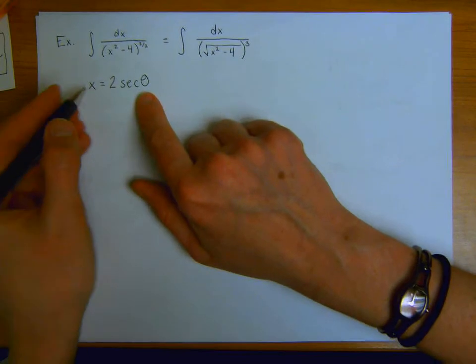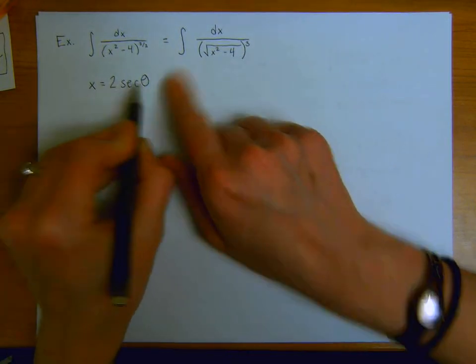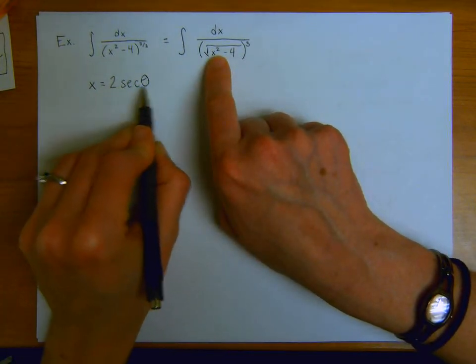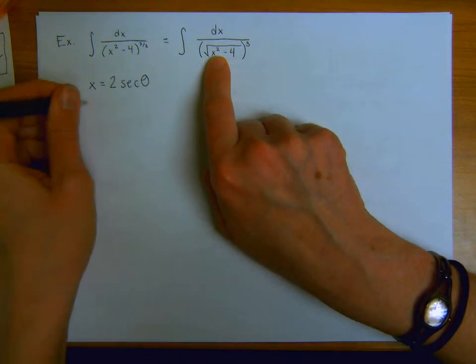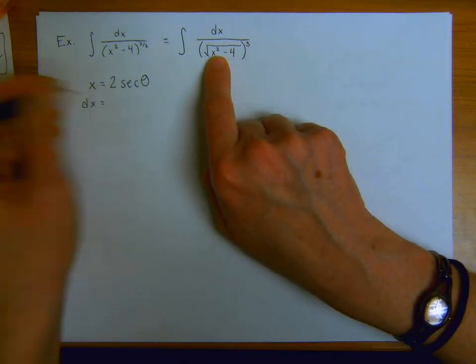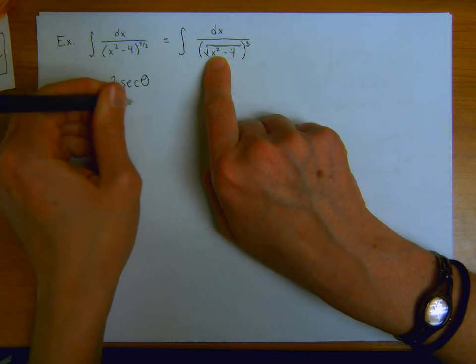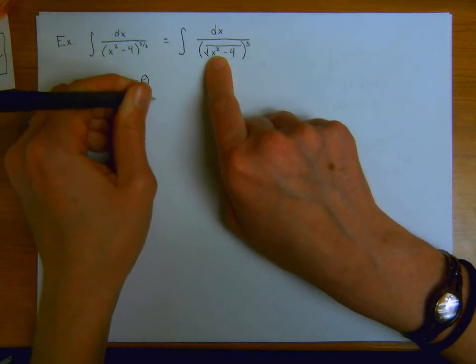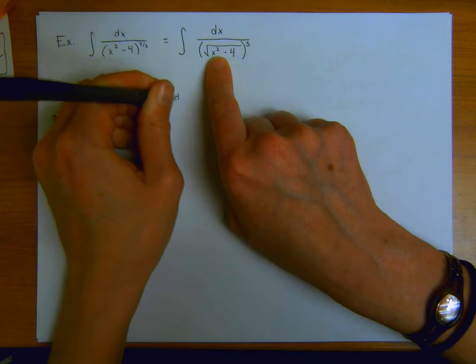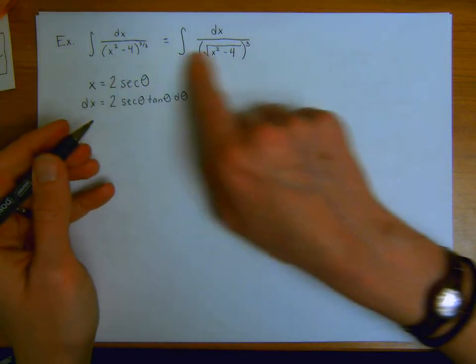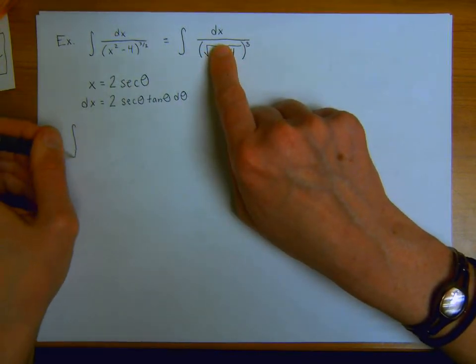Let's take a look. If I set x equals 2 secant theta as my substitution, I take the derivative dx. And what's the derivative of secant? It's secant theta tangent theta d theta. So I can look at my original integral and perform the substitution.